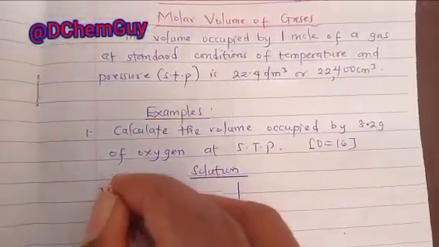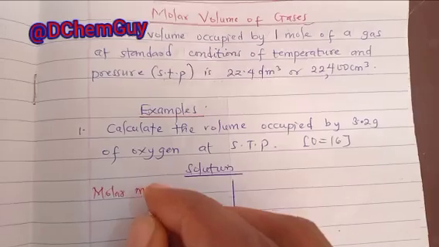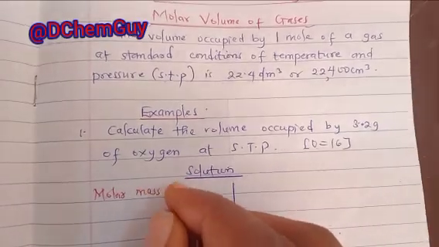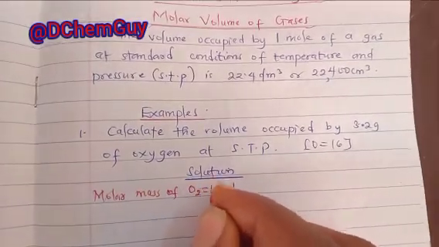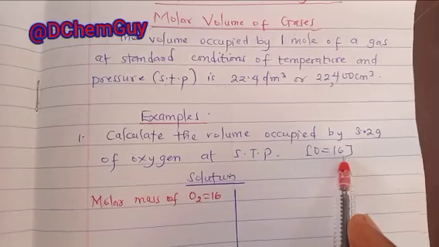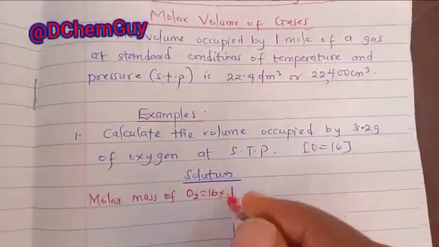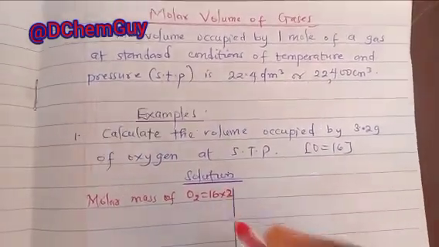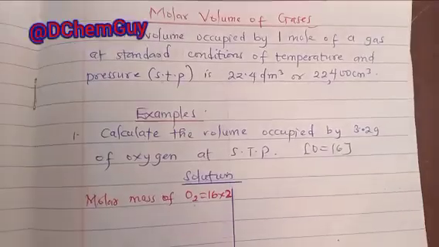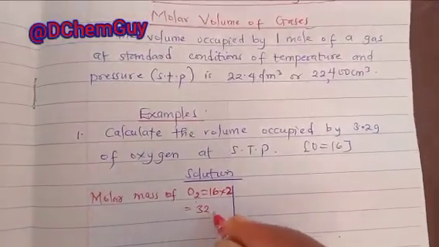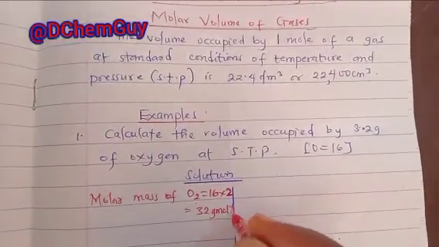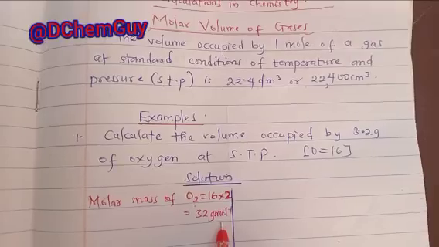It is 16 times 2 because it's diatomic, so that will be 32 gram per mole. The unit of molar mass is gram per mole.